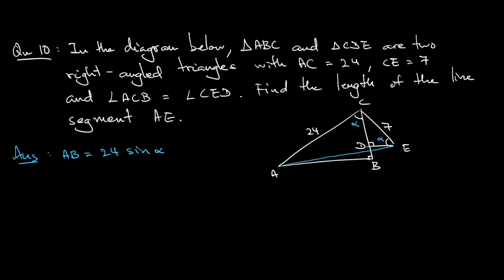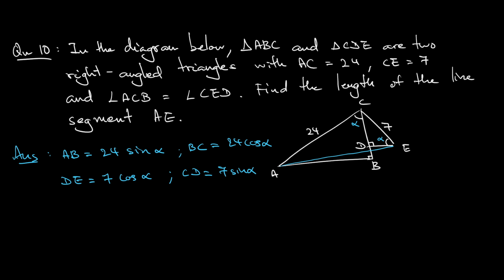And BC, that would be cosine, right? So 24 cosine alpha. That is triangle ABC. In triangle CDE, I would have DE, that is 7 cosine alpha, and CD, that would be 7 sine alpha.